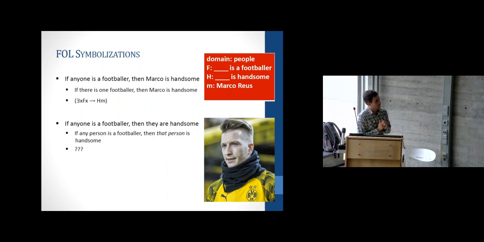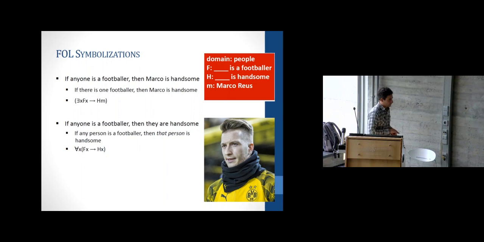If anyone is a footballer, then they are handsome, okay? English is confusing. One way to understand this sentence is, if any person is a footballer, then that person is handsome. How would you write this down? If you're confused, I'm also kind of confused.